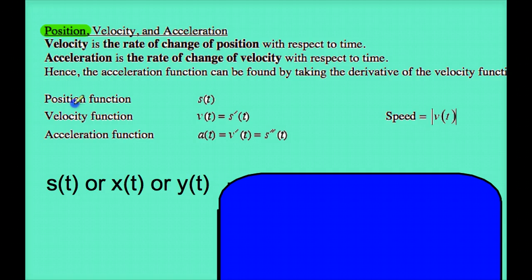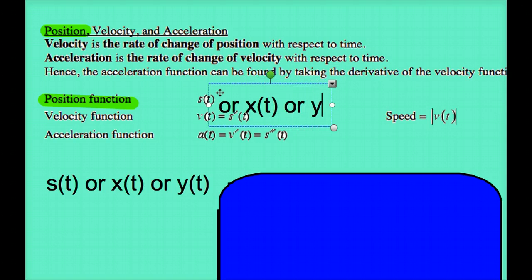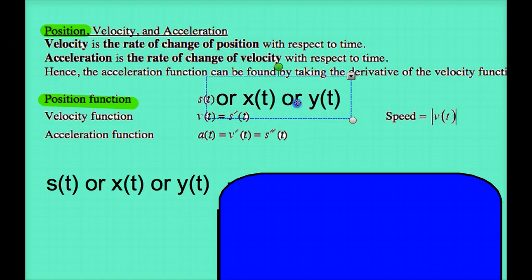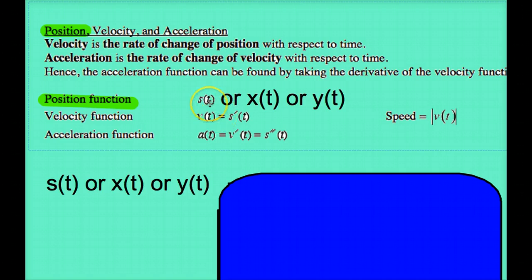So typically you're going to get a position function, and this can be called S of t. Sometimes it's seen as x of t, other times it's y of t. And we use all these general terms for different reasons. S of t is just a general term for a position.